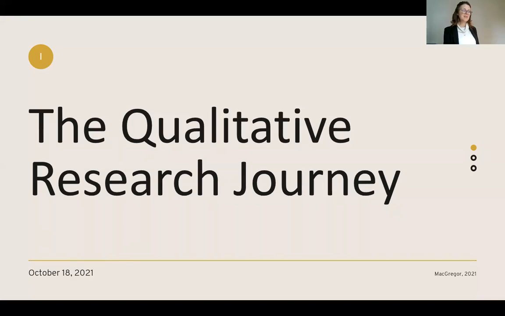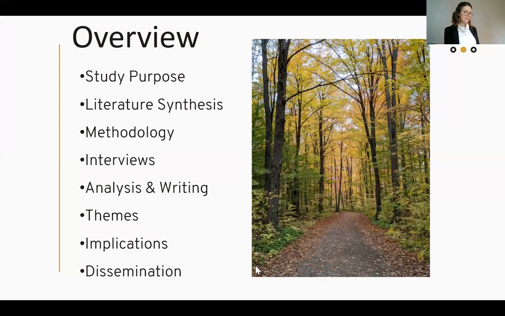Okay, the qualitative research journey. Throughout this presentation, I will be using my own photographs to elucidate the research process. Here, I use the image of a forest path as we look ahead to our time together today. I'll be sharing the path of a qualitative research journey from a more general perspective.